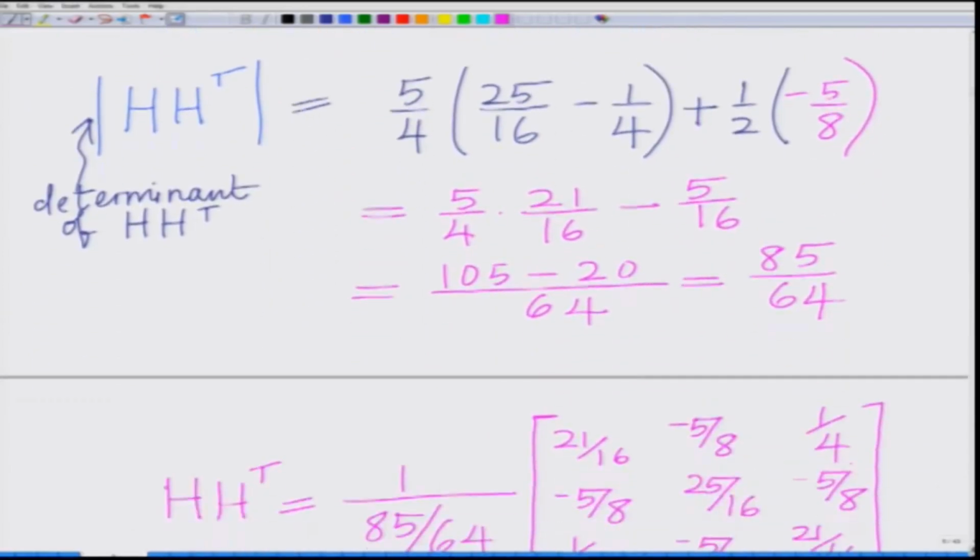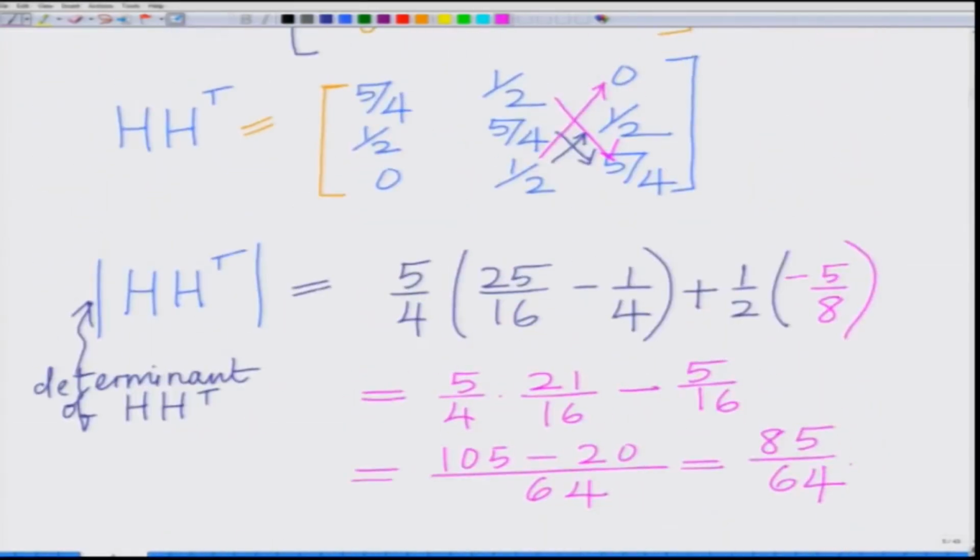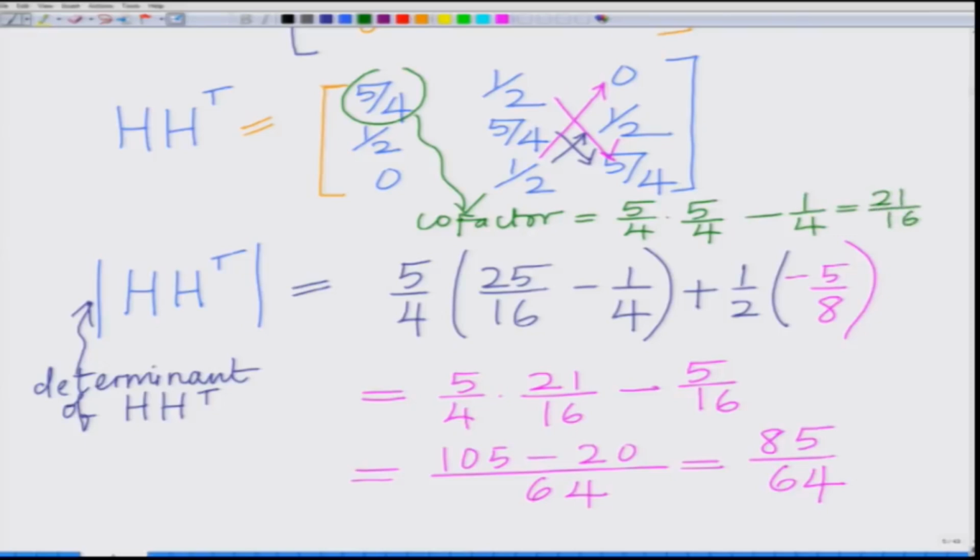And basically if you look at this, the cofactor is very simple. For instance, the cofactor of this element, we have already evaluated that cofactor of 5 by 4. The cofactor of this element is basically 5 by 4 times 5 by 4 minus 1 by 4 times 1 by 4, which equals 21 by 16 and so on.